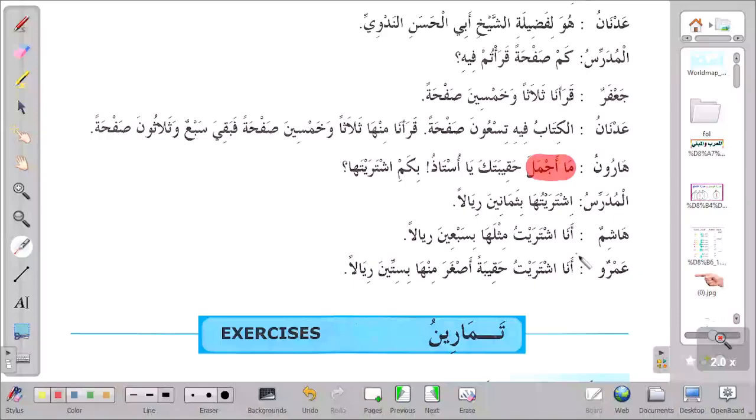So Hashim says: أنا اشتريت مثلها بـ70 ريالا. I bought a like of it for 70 riyals. Amrun says: أنا اشتريت حقيبة أصغر منها بـ60 ريالا. I bought a bag which is smaller than it for 60 riyals.